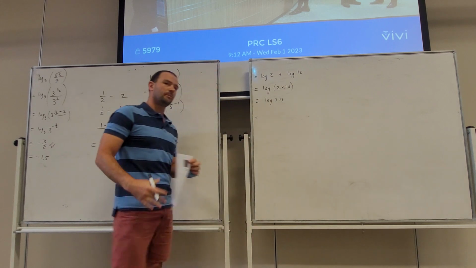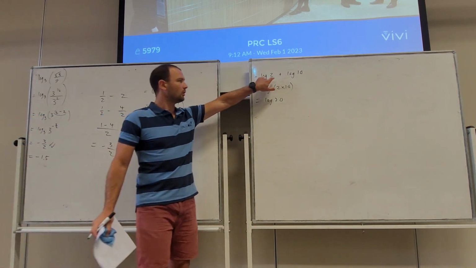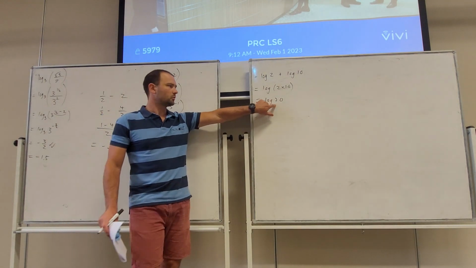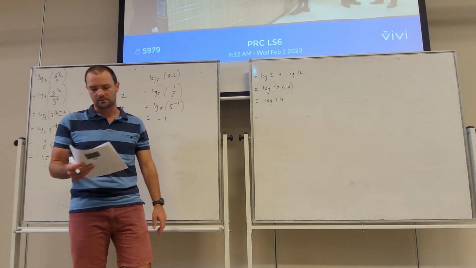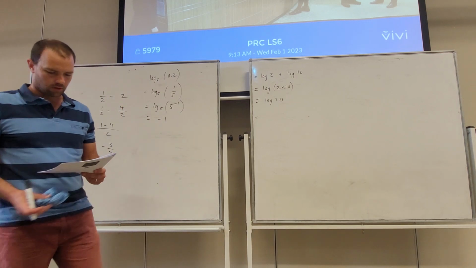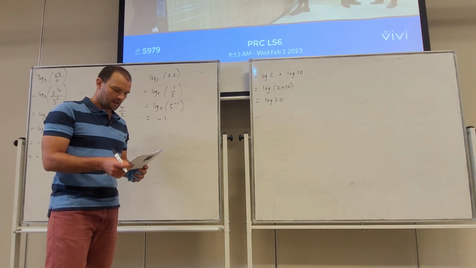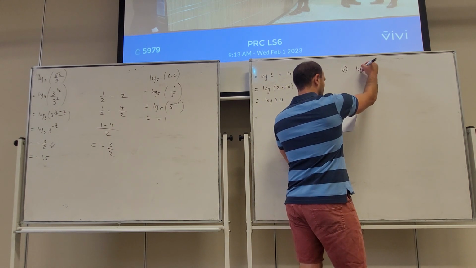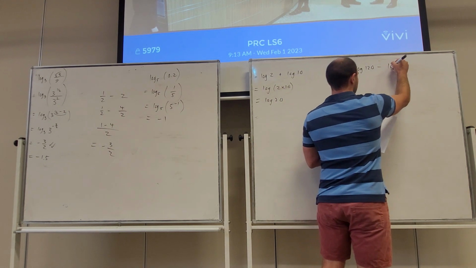All right, and we can confirm that's true a number of ways. We could put log 2 plus log 10 in our calculator, or we could put log 20 in our calculator, and we see that they evaluate to the same value. All right. We have log 120 take log 6.